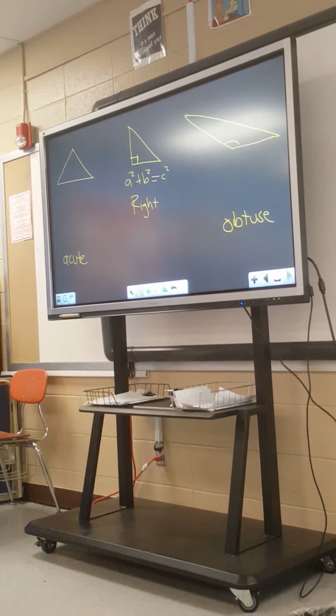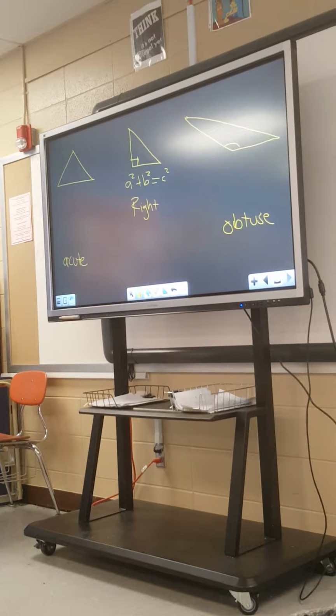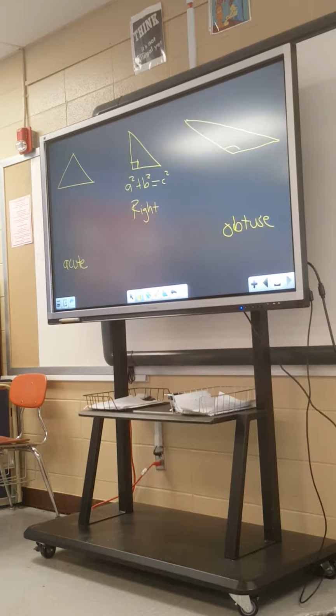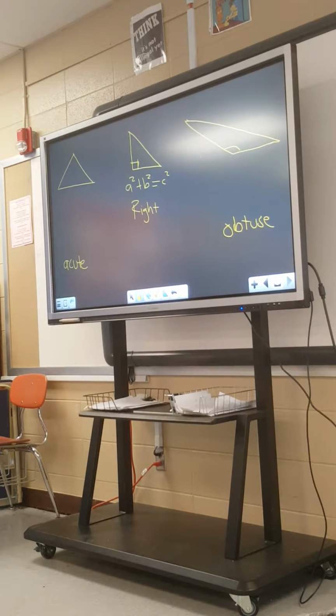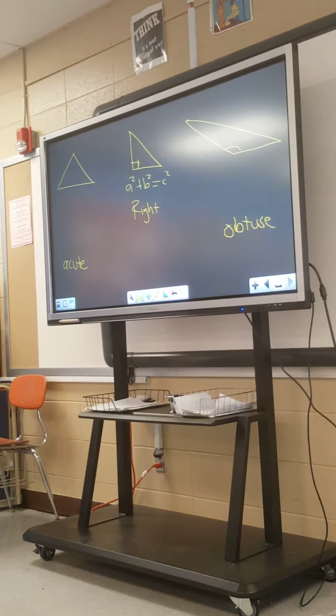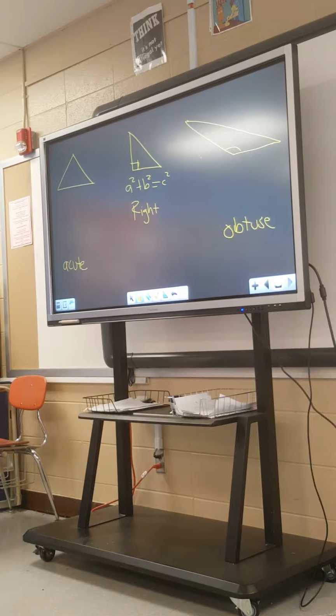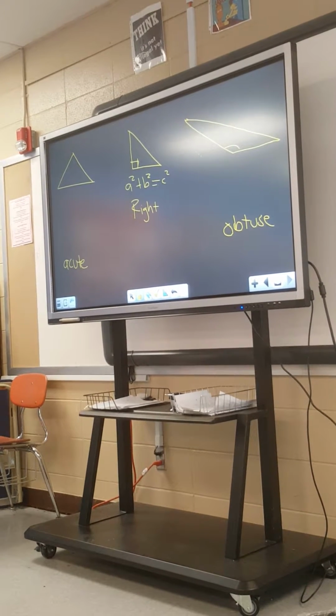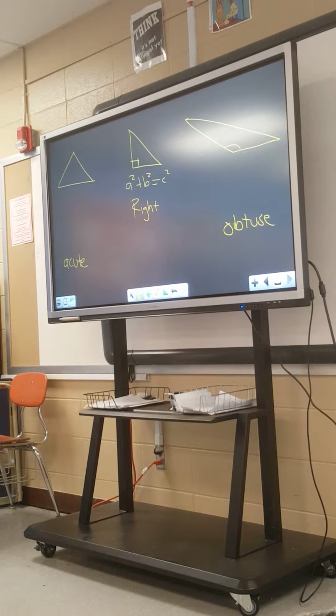Now, if I'm looking at the obtuse type of triangle, what is the abnormality in this? What is a little bit bigger than what it's usually going to be? The hypotenuse. Stretched out.